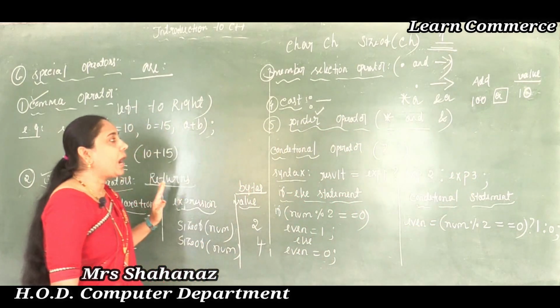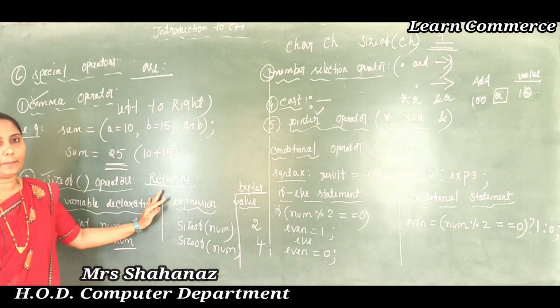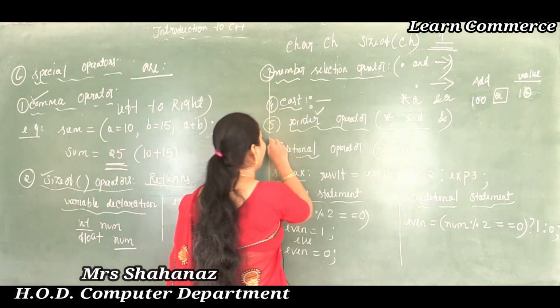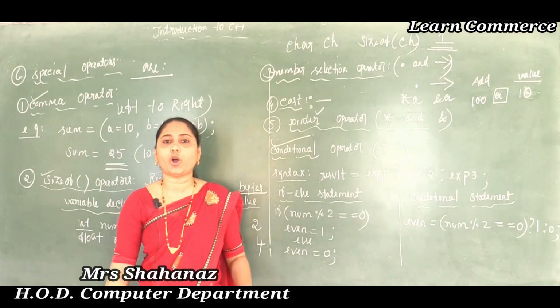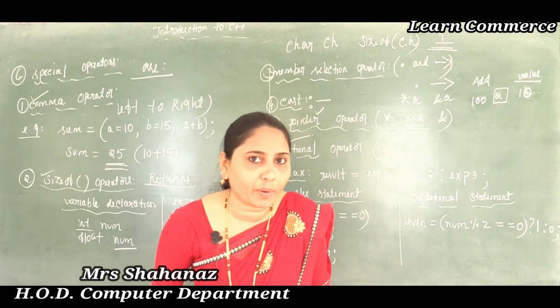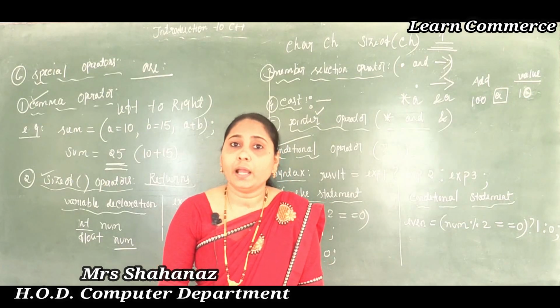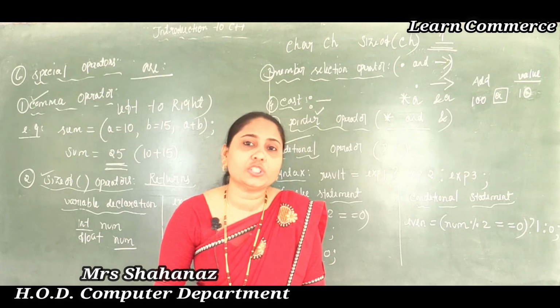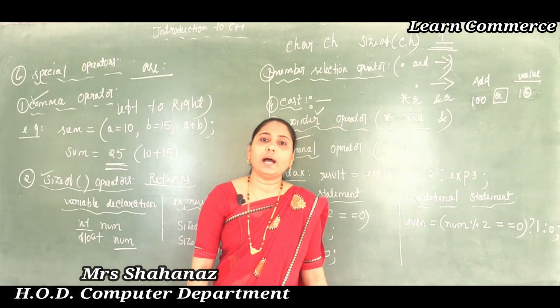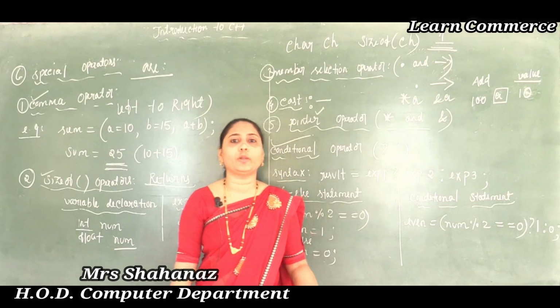Now we have completed all types of our binary operators. Now let's go for our next topic, the conditional operator. Do you remember, in C++ operators, first of all I said the operator is used to perform a specific operation, maybe an arithmetic operation, a logical operation or a manipulation.